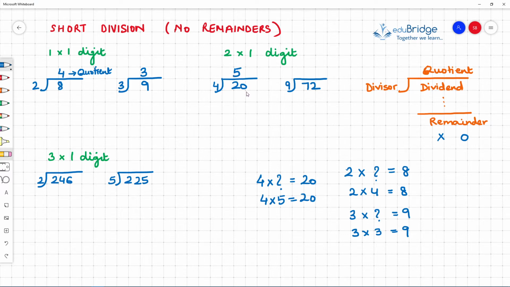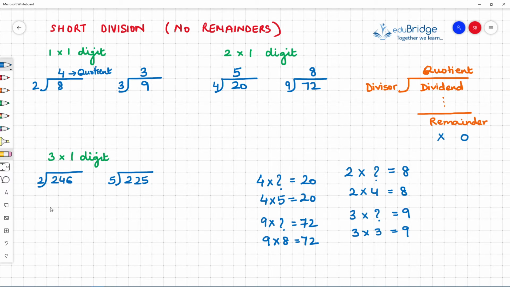So that's your answer. The next problem, 9 and 72. So 9 times what is 72? We know 9 times 8 is 72. So we get the answer as 8. This method is called short division, where you are multiplying in your mind and you are just writing the answers.